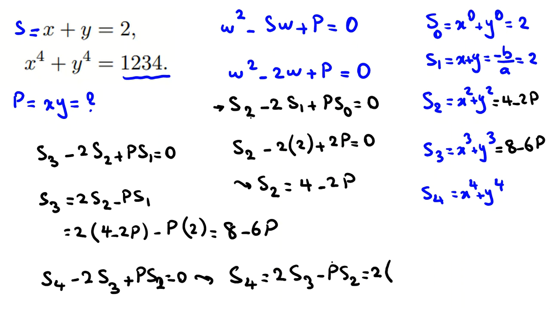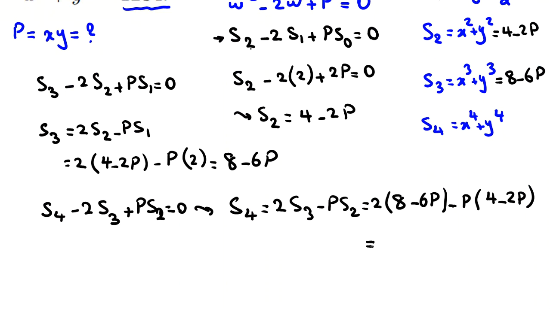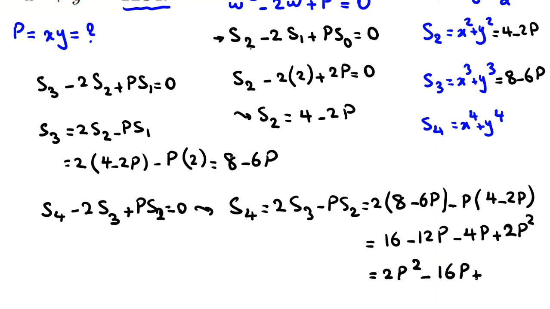If we replace S3 with 8 minus 6P, and S2 is 4 minus 2P, here it is S4. Expanding 2 times 8, 16, minus 12P minus 4P plus 2P squared, and simplifying, it is 2P squared minus 16P plus 16.